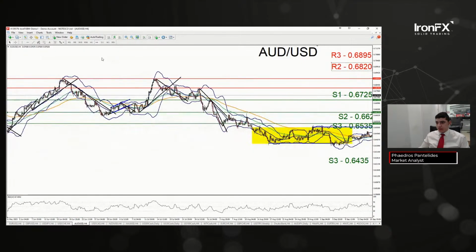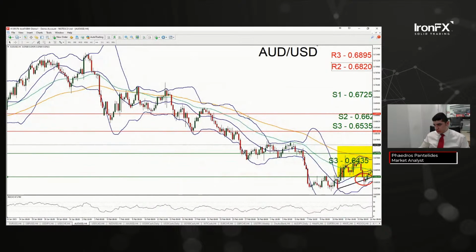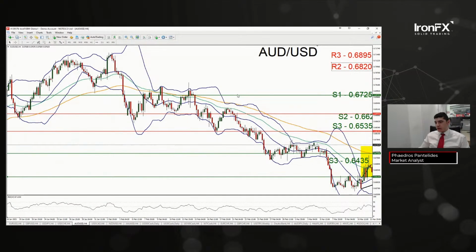Zoom out. Here we go. Let's see. Now, the reason as to why I'm placing R3 at this particular level, 0.6975 once we round it up, and I'm ignoring, let's say, this old high.